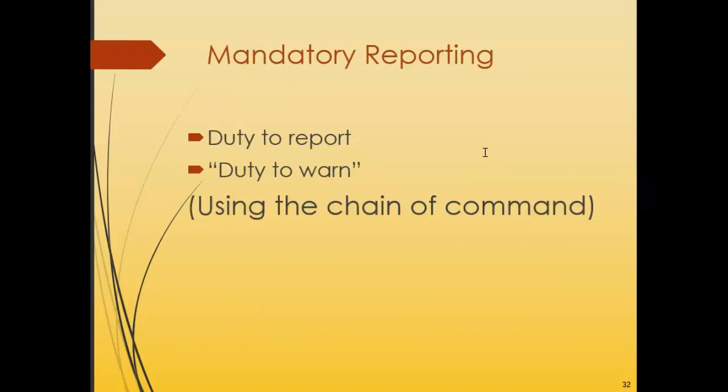Again, we have mandatory reporting rules. We have a duty to report to physicians. We have a duty to report. We have a duty to warn. And so we need to realize that if something doesn't go right, you need to keep going up the chain of command until you get someone who is going to hear the severity of something.